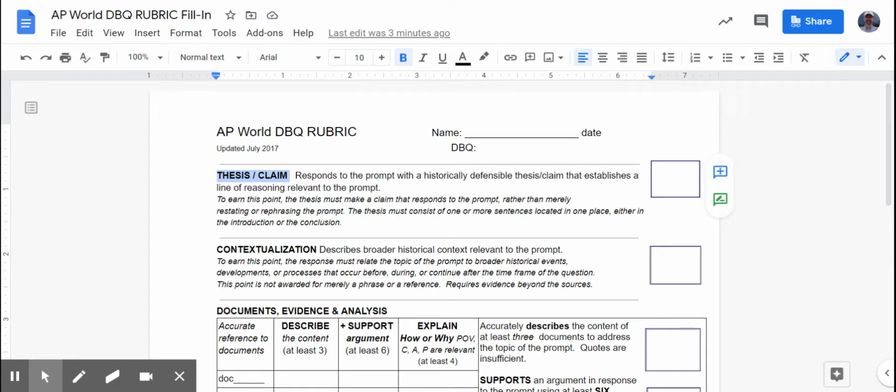Whereas on our rubric, we have multiple points for this. And I will give you credit if you have partially stated a thesis, or if you have the thesis incorrectly located or expressed. So please keep that in mind.